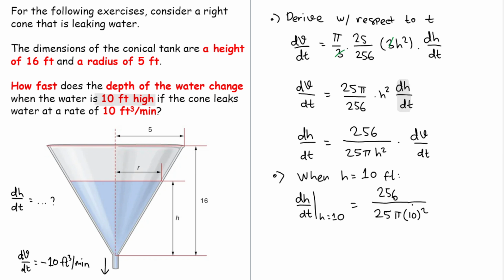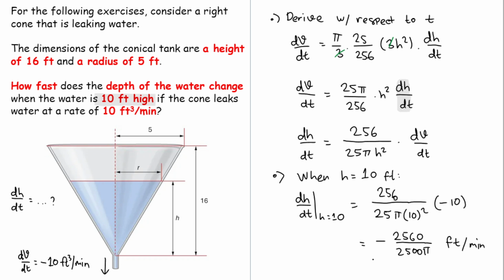And then what is dV/dt? Minus 10. So we'll have minus 10 here. Okay, and we will have this number here, minus 2,560 divided by 2,500 multiplied by pi, like this. And the unit here will be feet per minute.